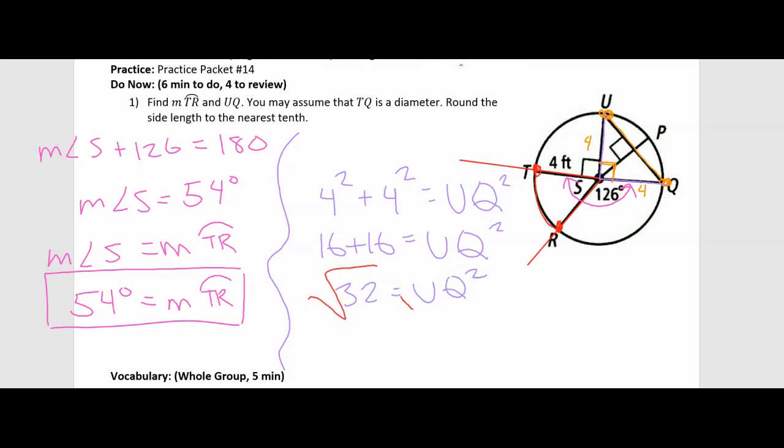We're just going to take the square root of both sides. It does say to round to the nearest tenth, so I don't have to worry about simplifying that square root. I'm just going to put it into a calculator, and I get, to the nearest tenth, about 5.7 is approximately the length of UQ.